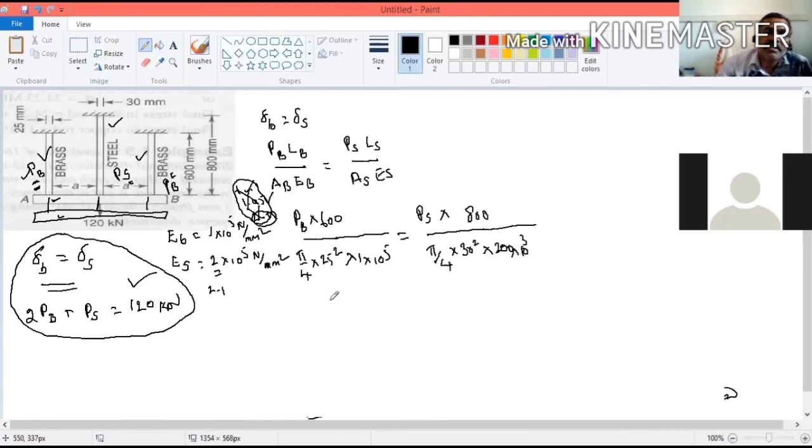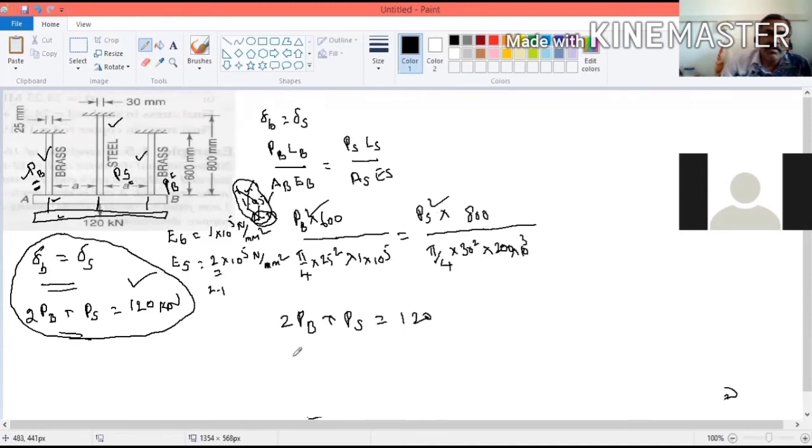Using this relation, you can find the relation between PB and PS. Now use this relation in this equation. Already we have 2 times PB plus PS is equal to 120 kilonewton. Now you find the relation in the deflection relation and substitute here. You substitute the PB in terms of PS. So you will get the equation in terms of PS.